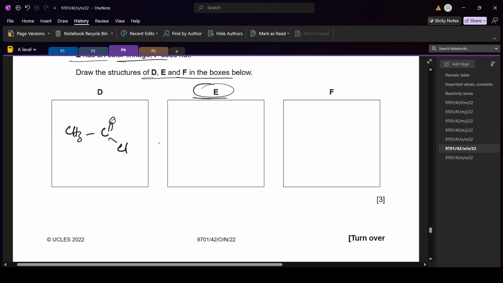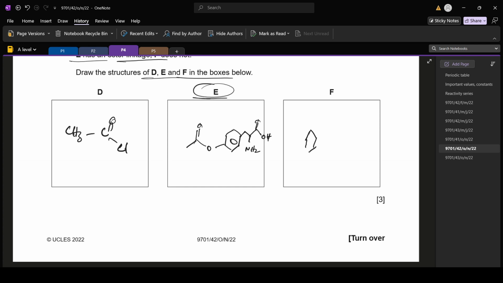So let's draw the structures. So you will have 1, 2. Okay, so these will be your structures. Okay, so this is your structure for this E. There is an ester linkage, and for F, there will be no ester linkage.